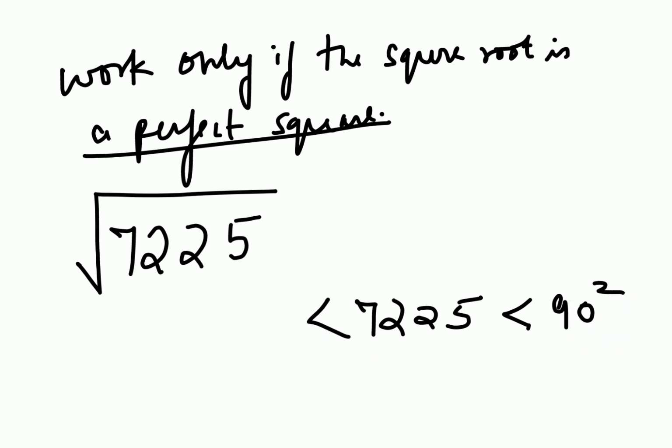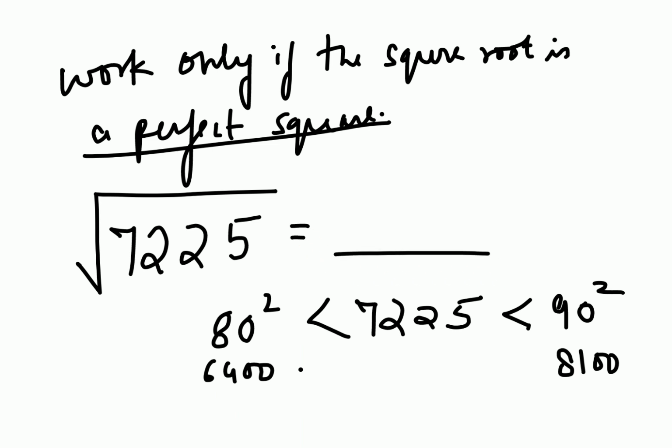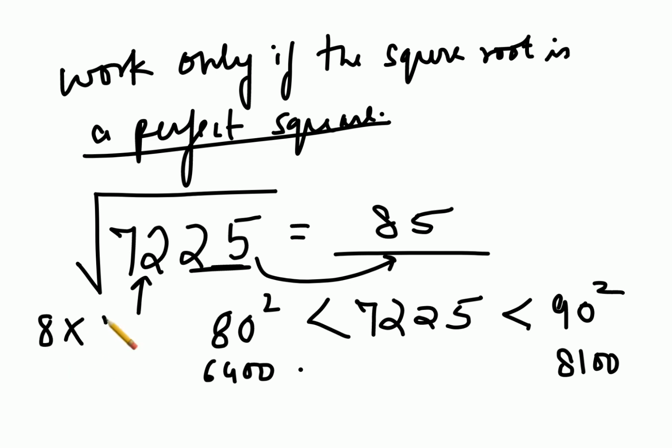And it is greater than 80 squared, because 80 squared is 6400 and 90 squared is 8100. Since it is lying between those, obviously your answer is 85. And here also, like I said, the 5 will come from 25, and 72 when split we can write as 8 into 9. Out of these two, we'll focus on the least number, which is 8, right?